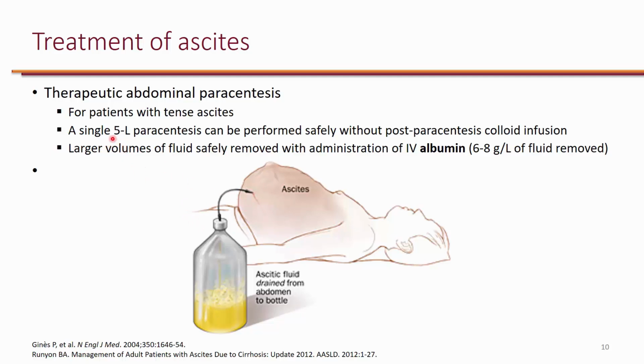For the extra liter beyond 5 liters, you will administer, for example, 6 grams of albumin. Or if you were removing 8 liters of fluid, you have 3 liters in addition to the 5 liters, so 3 times 6 is 18 to 24 grams, so you will administer about 28 to 30 grams of IV albumin.